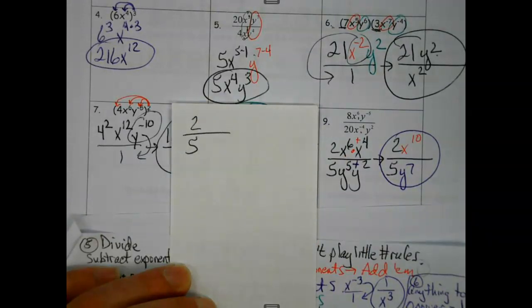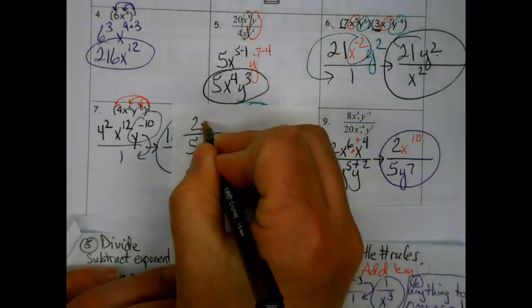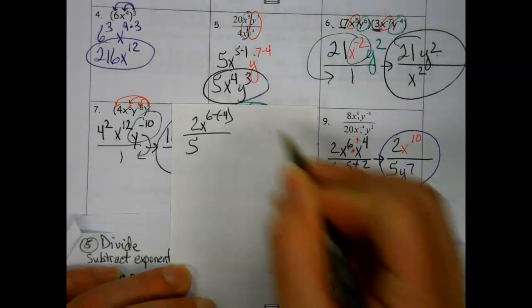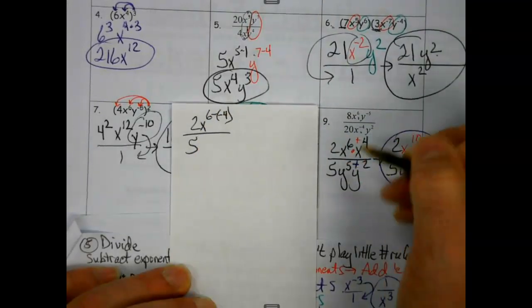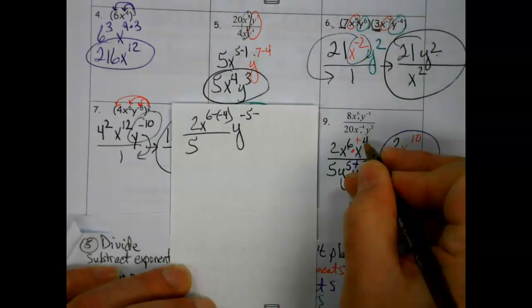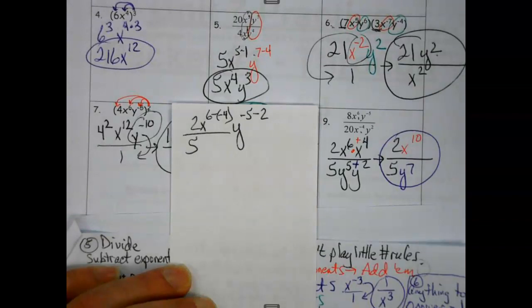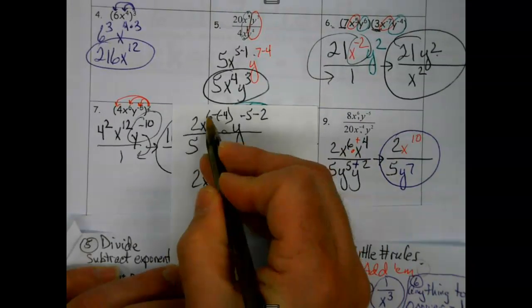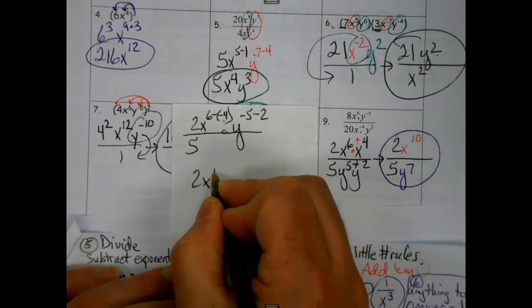I could do x to the 6 minus negative 4. I could do the division. I could do y to the negative 5 minus 2. That would be okay. And so if I did, 6 minus negative 4 would be 10.